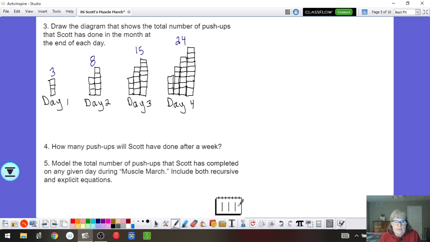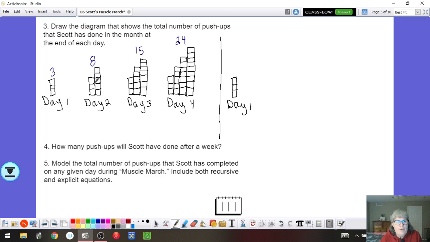Now, in one of my classes, one of the students pointed out that I wouldn't need to keep drawing a taller column, but we could in fact draw rectangles. So day 1 would be the 3 squares in one column.